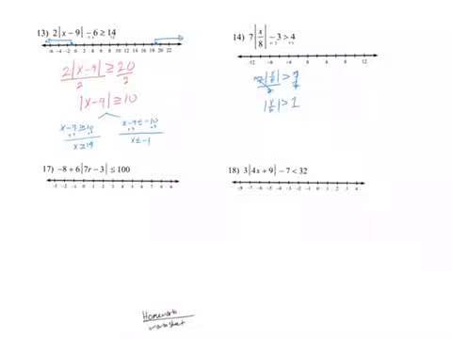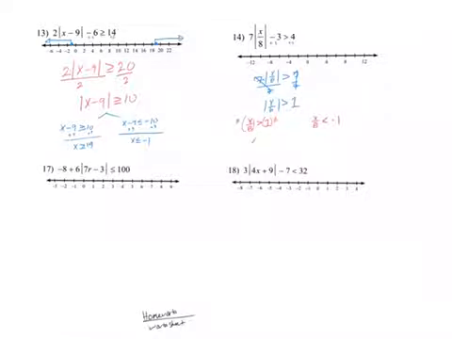So now I'm going to split this up. I'm going to say what's inside, x over 8, is greater than, same sign, same inequality, same sign. Or I could have x over 8, what's inside, flipped inequality, opposite sign. X is being divided by 8, so I'm going to multiply by 8.